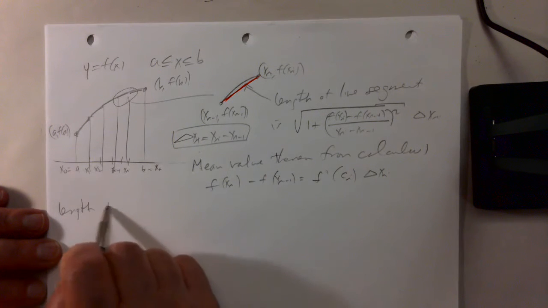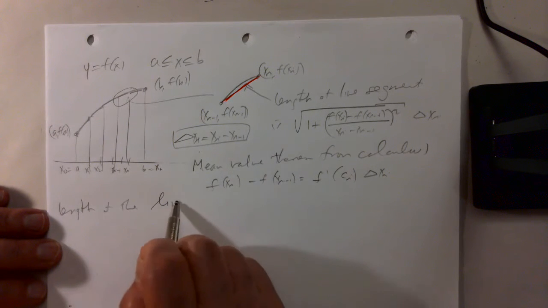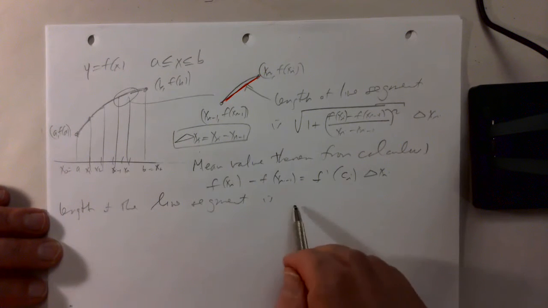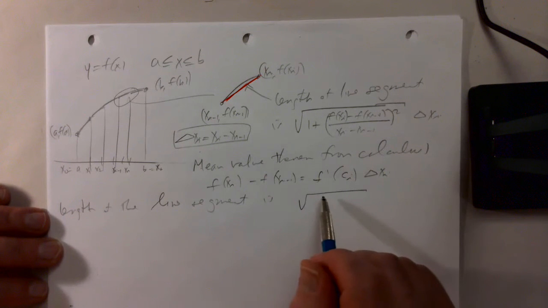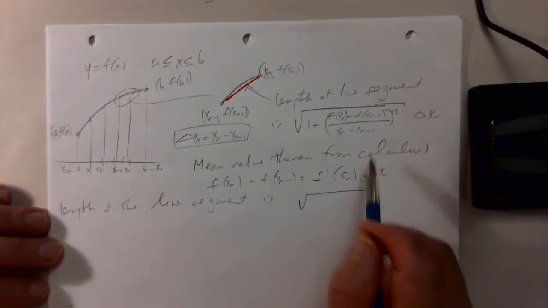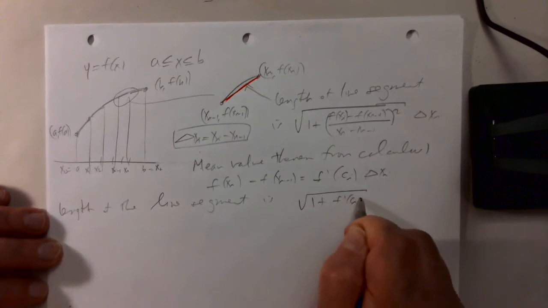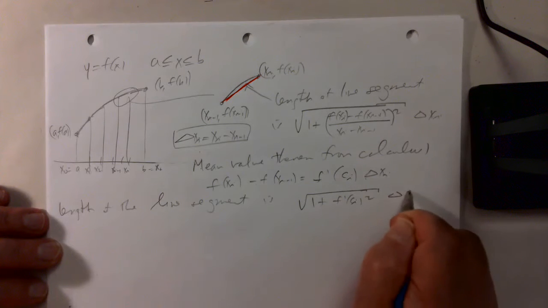So the length of the line segment is the square root of 1 plus, this divided by delta xi is just f prime of c sub i, squared, times delta xi.